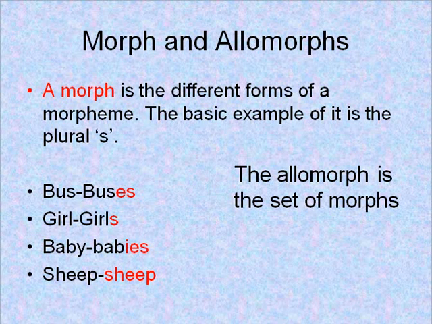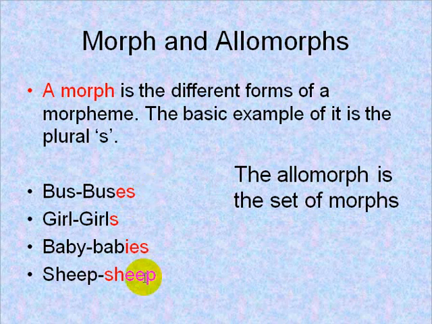The word sheep is one of the problematic issues in morphological description. Now, these three kinds of the plural, s, z, and is, are different reflections or physical representations of the one morpheme, which is plural s.